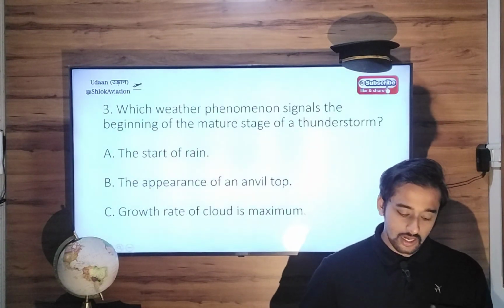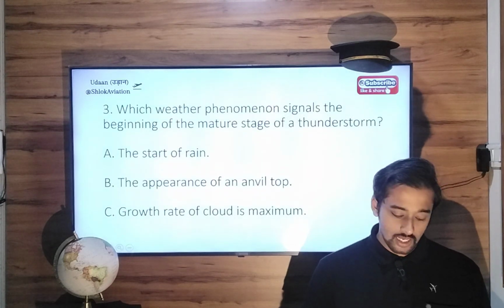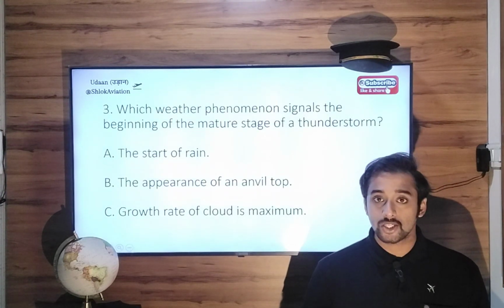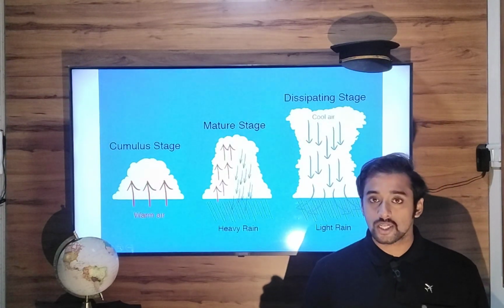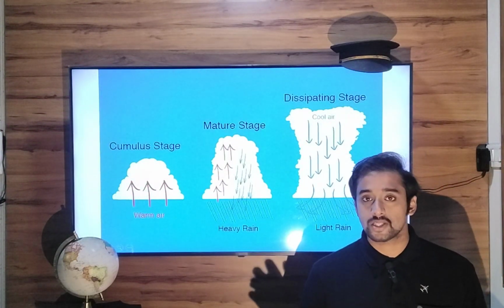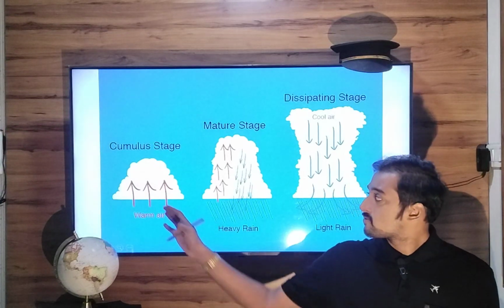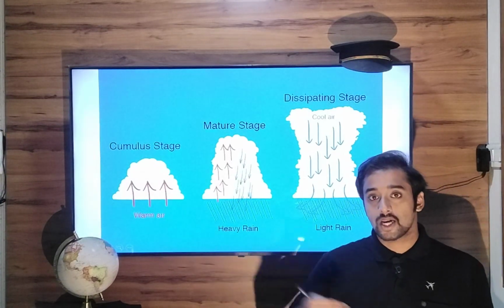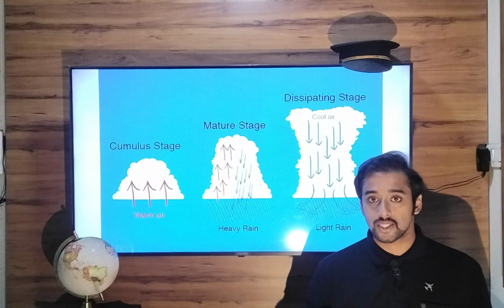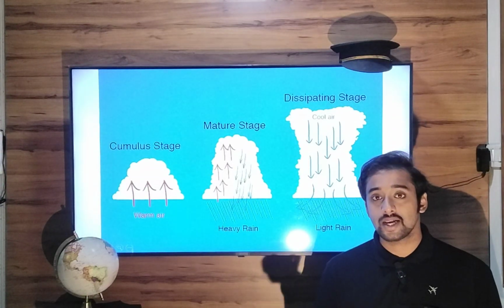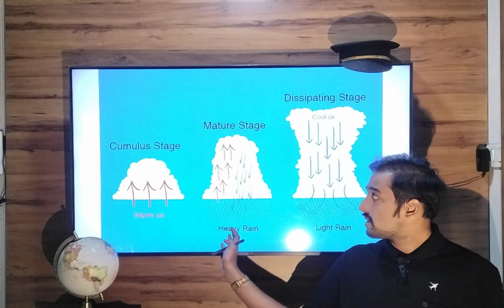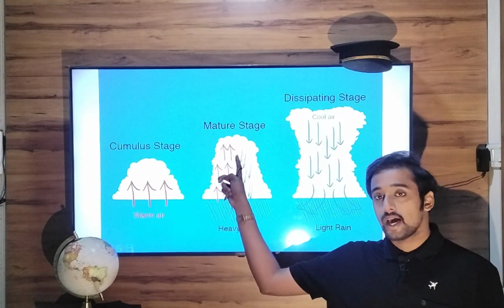Next, question 3. Which weather phenomenon signals beginning of mature stage of a thunderstorm? So very important, a thunderstorm has 3 stages of its life cycle. First stage is cumulus stage or the starting stage, incipient stage. It is predominated by updrafts, the air currents rising in the atmosphere. In the mature stage, you have updrafts and downdrafts.